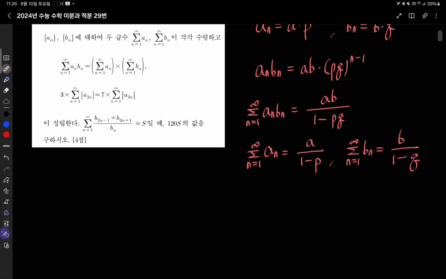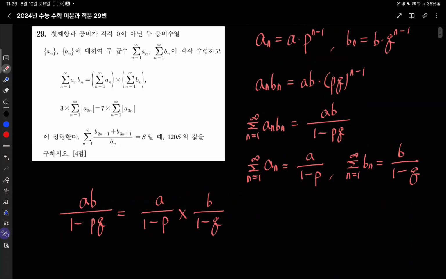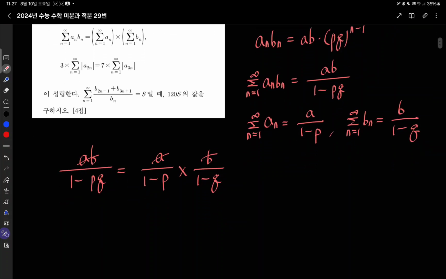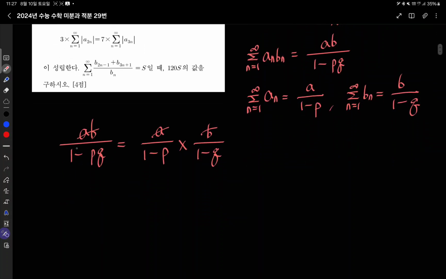So from the first equation, AB over 1 minus PQ is equal to A over 1 minus P times B over 1 minus Q. And because the first term is not zero, we can cancel A and B. That means the denominator is the same.